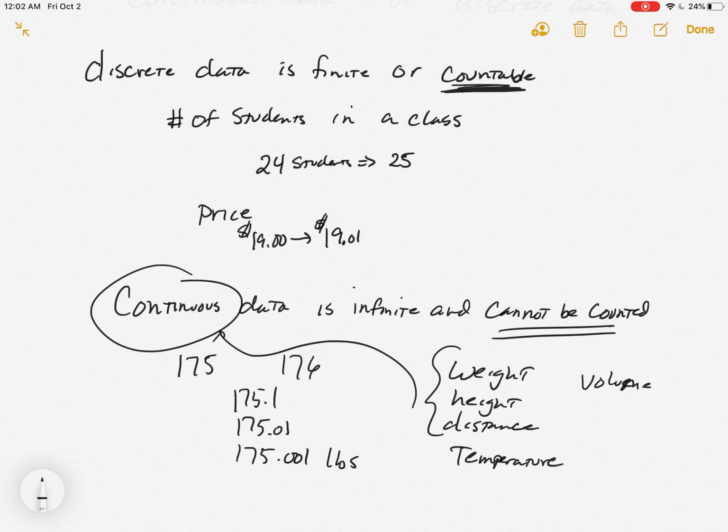So they're going to give you some examples and say, is this continuous or discrete? And we don't want you guessing. Analyze it and say, okay, let me just make up a data point like I did with the students, 24. Okay, what's right after 24? 25 students. Okay, let me make up a temperature, 100 degrees.